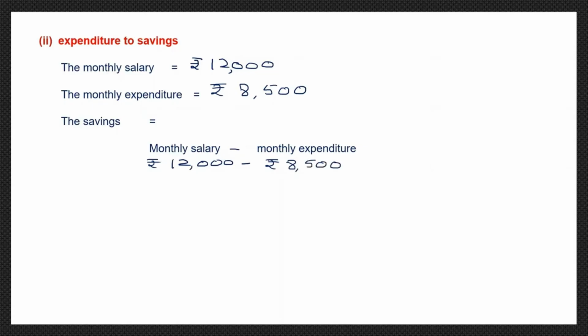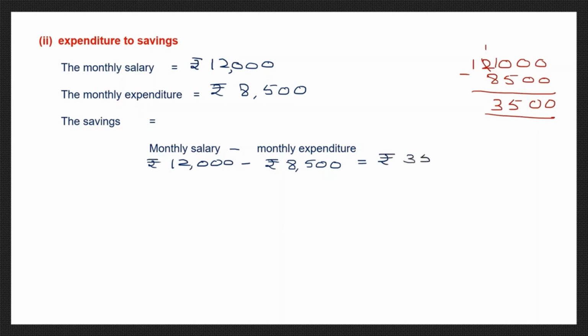So let's subtract 12,000 minus 8,500. 0, 0. Now 5 we need to borrow. 10 minus 5 is 5. 11 minus 8 is 3. So 3,500 is his savings. Rupees. 3,500 is the amount that he has saved.